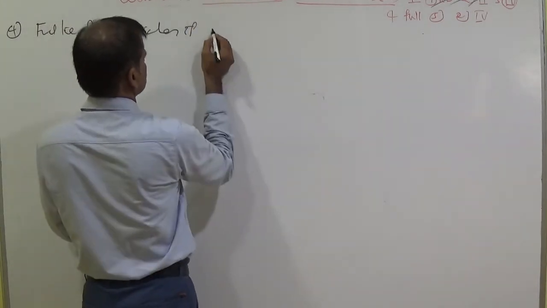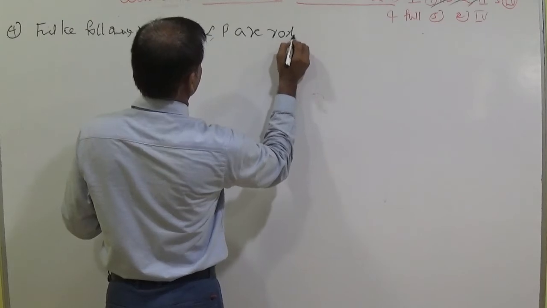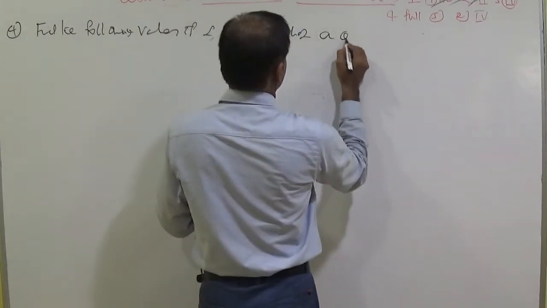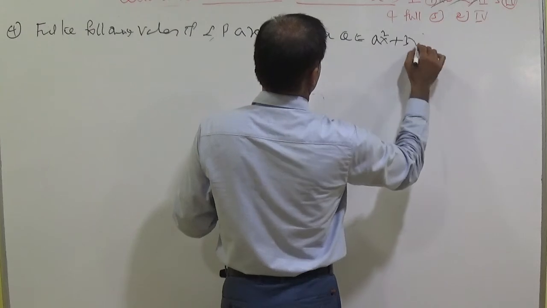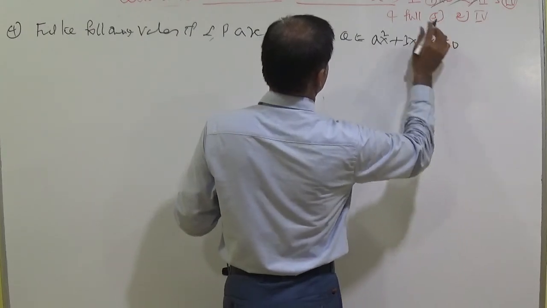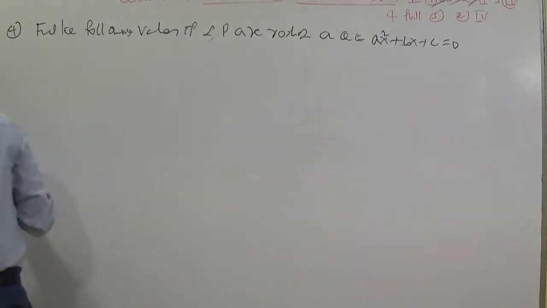Find the following values if alpha, beta are roots of the quadratic equation ax square plus bx plus c equal to 0.